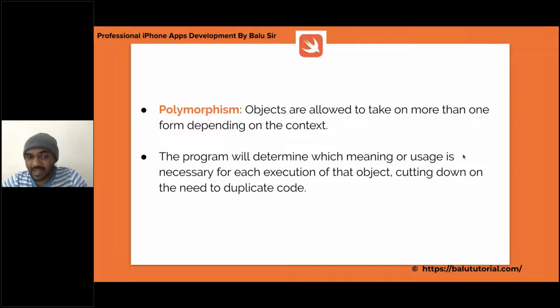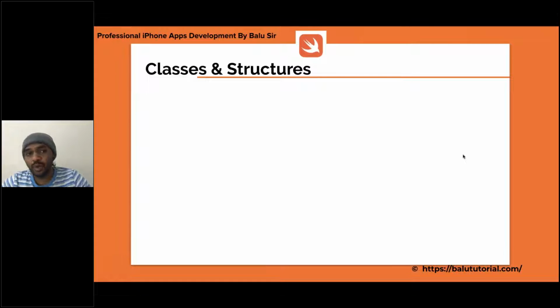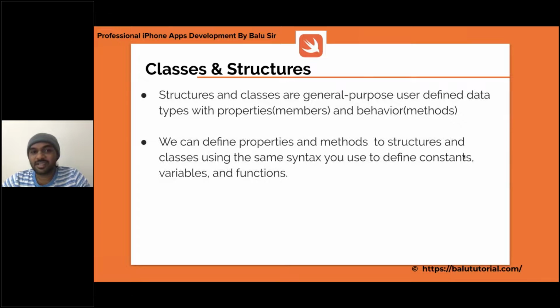Then, in order to work with object orientation, we need classes and structures. So what are classes and structures? Structures and classes are general purpose user-defined data types, or data models, with properties and behavior, that is, members and methods.